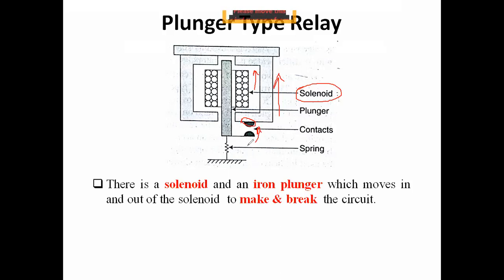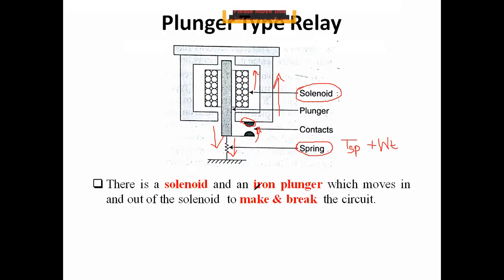Now here also we have a restraining torque. The restraining torque is produced by the spring, that is the spring torque TSP, and another restraining torque is there because of the weight of this plunger. The weight of the plunger acts in the downward direction, and the spring torque also acts in the downward direction.